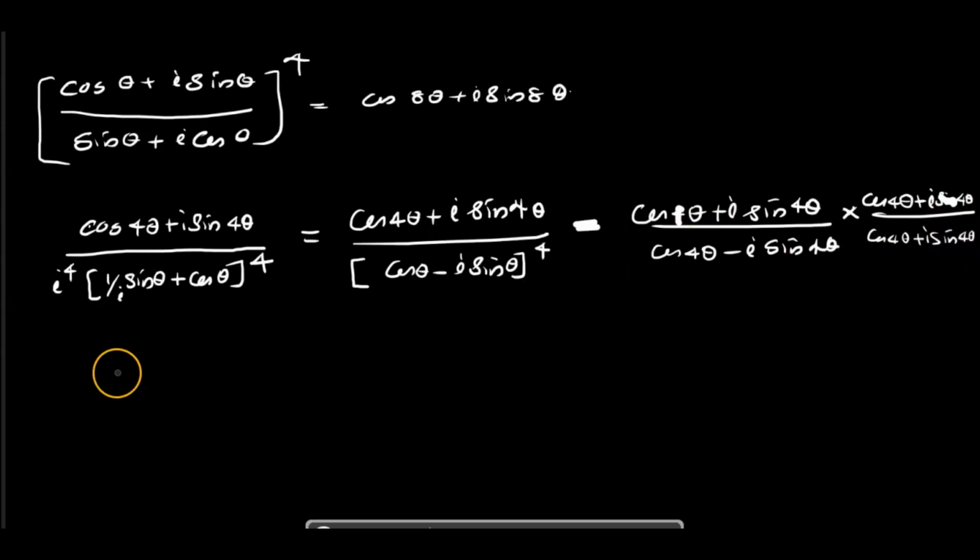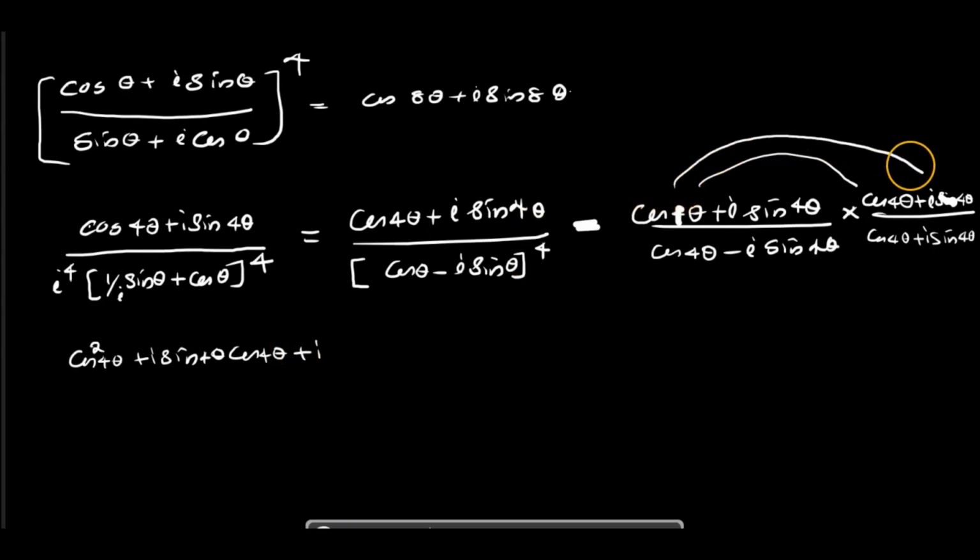So we get, multiplying each term, cos 4 theta into cos 4 theta. This is cos square 4 theta plus i sin 4 theta into cos 4 theta, and plus i again cos 4 theta, i sin 4 theta, and i sin 4 theta, i sin 4 theta.